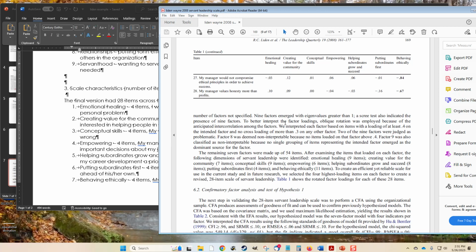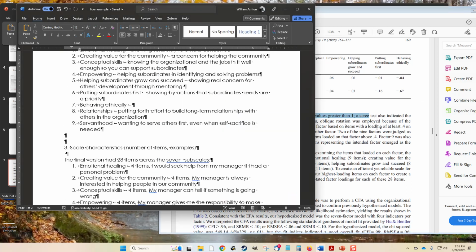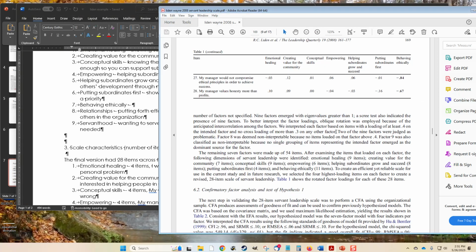But what you do need to read is more about what's going on. So we start out with 9 factors. Okay, that's what I said here. We have 9 factors. 2 of the 9 factors were judged to be problematic. Factor 8 was deemed to be non-interpretable. Factor 9 was classified as non-interpretable.